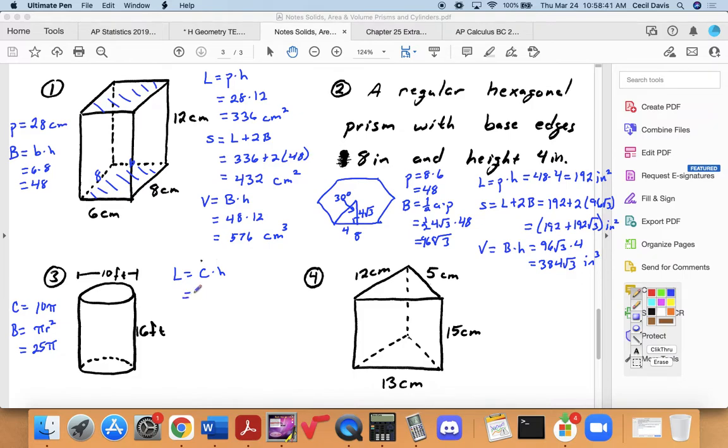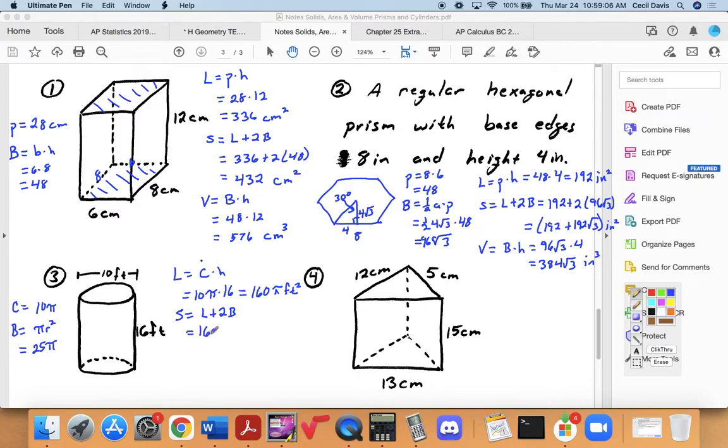So the circumference we know is 10 pi times the height of the cylinder is 16, so that's 160 pi square feet. So then the surface area is the lateral area plus, I've got two bases to add on.